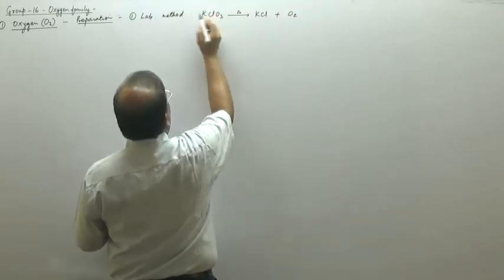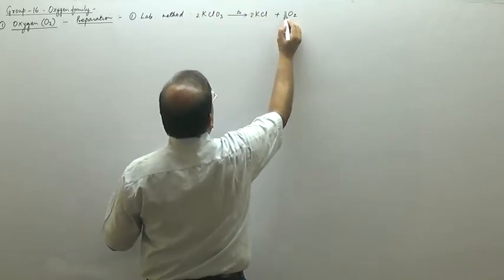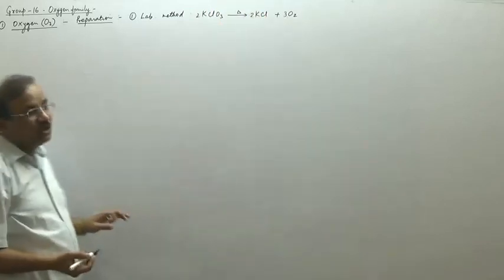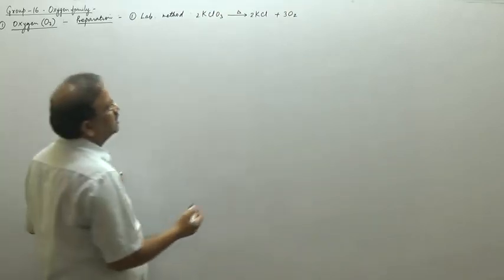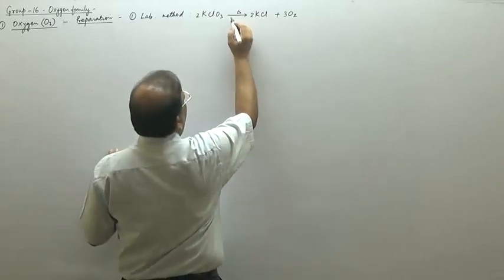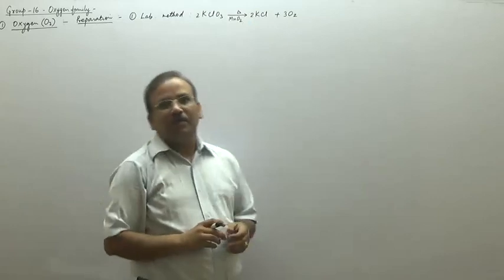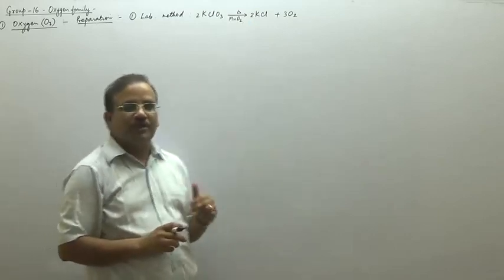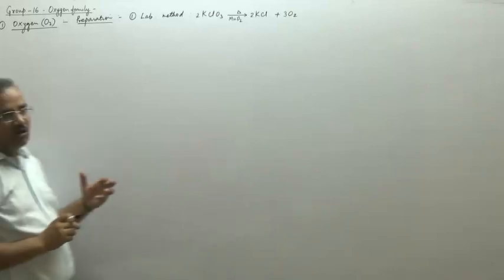We write it as 2KClO3 giving 2KCl plus 3O2. The rate of reaction increases in the presence of the catalyst MnO2, because in the presence of MnO2 the reaction goes to completion. That is the laboratory method for the preparation of oxygen.